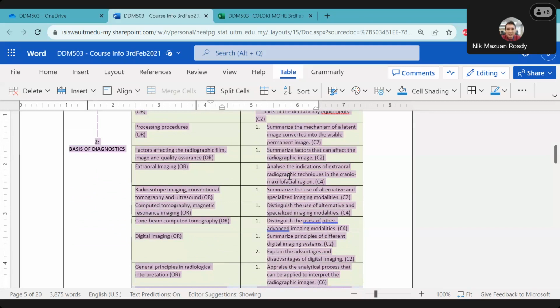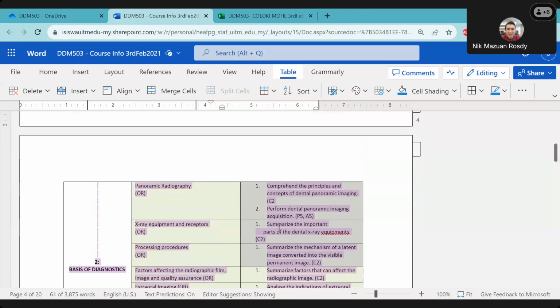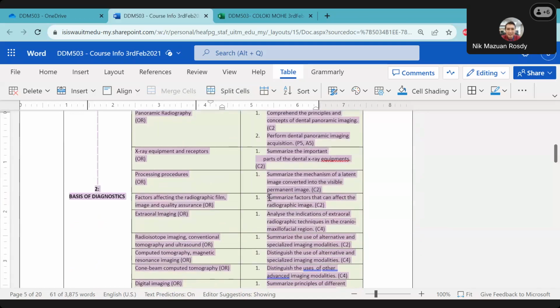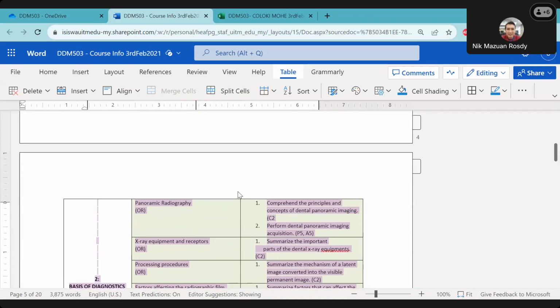No range, actually. It's based on the action verb that you put. If you put summarize in the first SLO, you have to check which component summarize belongs to, C, P or A, and if here summarize is C2, then you have to put C2. There's no range. But if you have more than one CLO, you have to look at the level of each SLO.